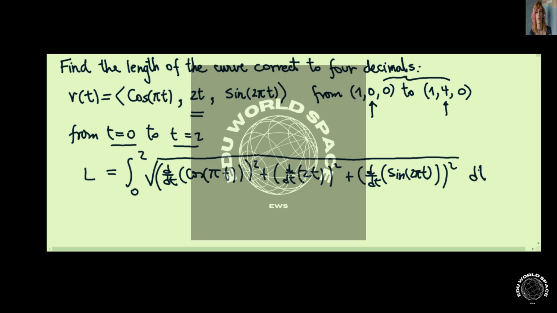That is, the length of the curve is equal to the integral from 0 to 2 of the square root of the sum of the squares of the derivatives of each component.